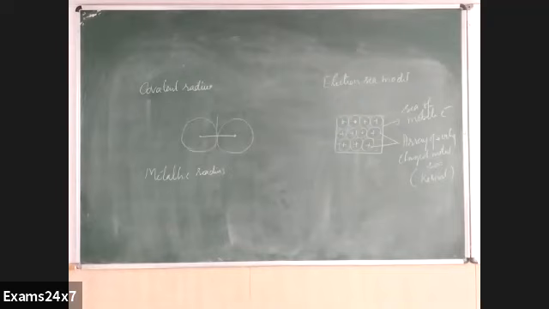If you want, on the side, you write what is meant by metallic bond. It's a force of attraction that holds the array of positively charged metal ions with a sea of mobile electrons.